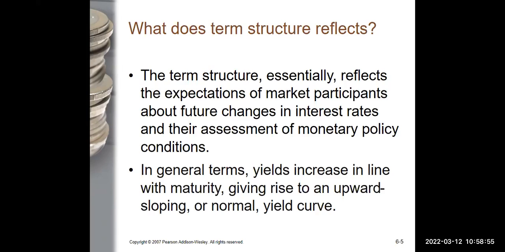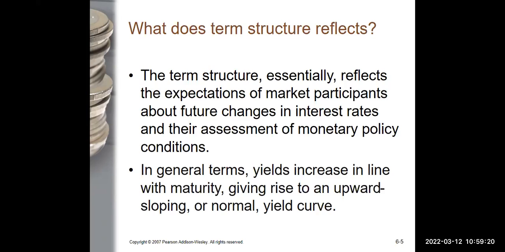All right. So if the interest rates in the future are expected to go up, you can have a positively sloped yield curve. But you might also expect these interest rates to fall over the period of time. Then you will have a situation where the interest rates are lower in the future than the interest rates in the current period.